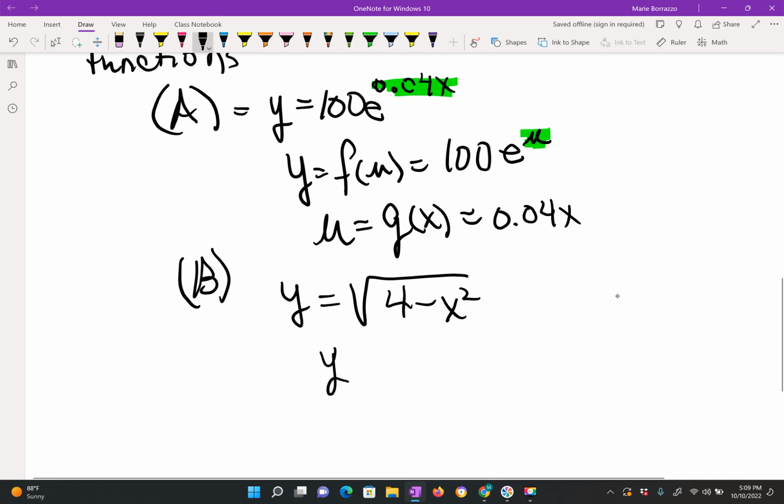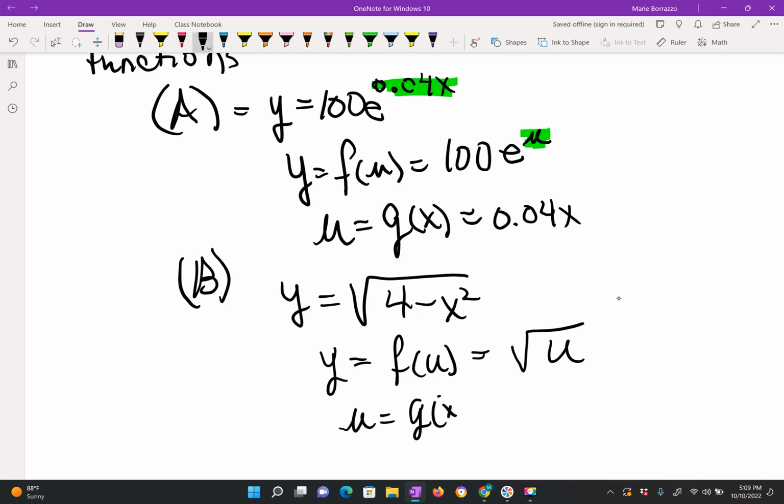The square root. Yeah, so y equals f of u, which is equivalent to the square root of u, and our u, which is equal to our g of x function, should be the 4 minus x squared. How do you feel about that?